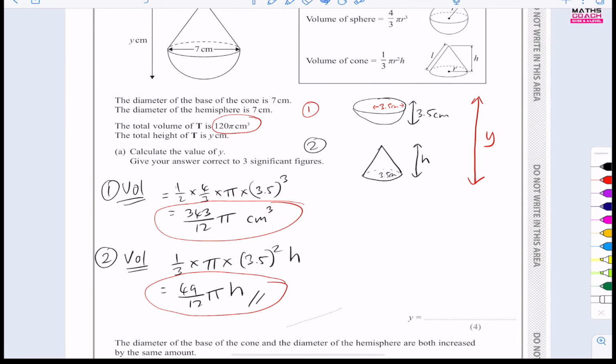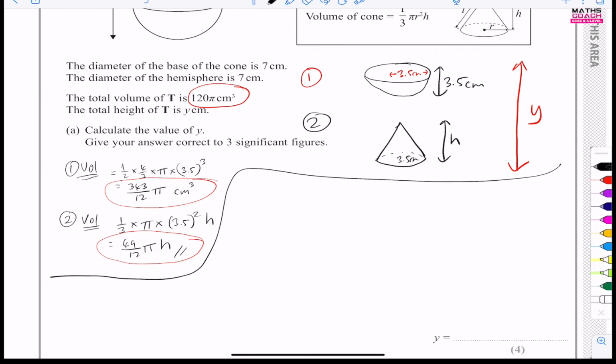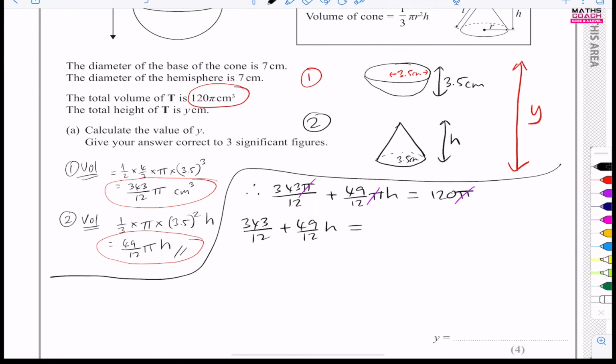So therefore, 343 pi over 12 plus 49 over 12 pi h is equal to the total volume of T, which was 120 pi. Now I can cancel out all the pi's, and I'm left with 343 over 12 plus 49 over 12 h is equal to 120. Next, I can multiply by 12, and that will get rid of all the denominators of 12.